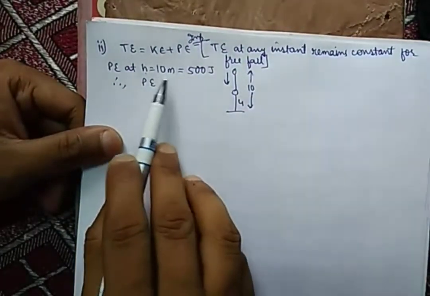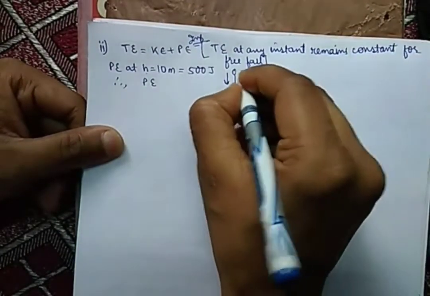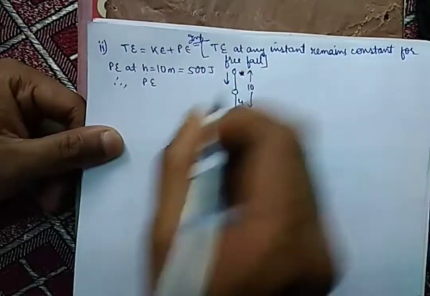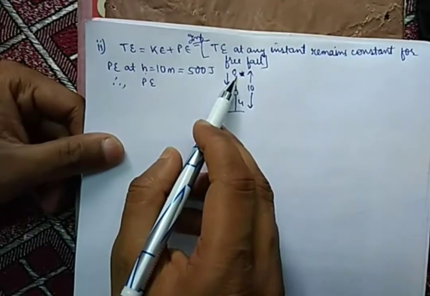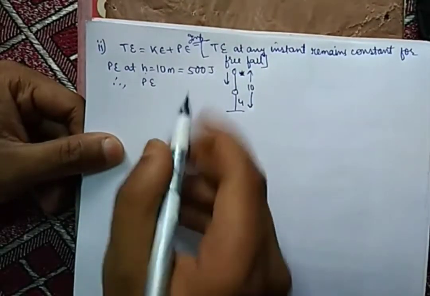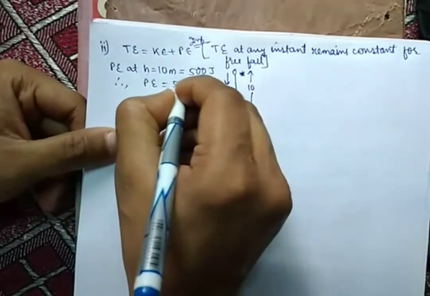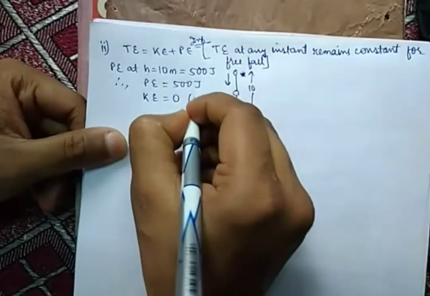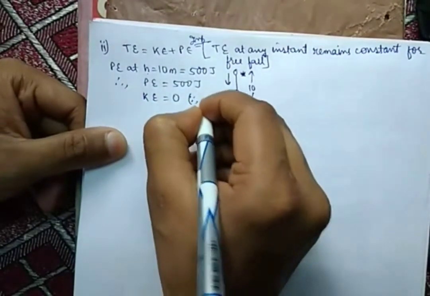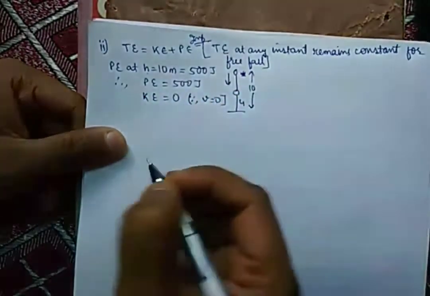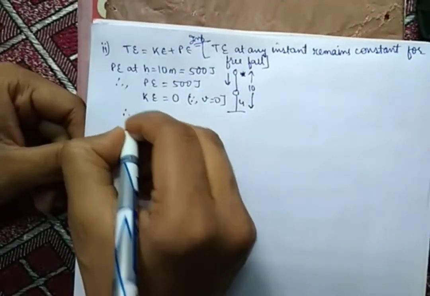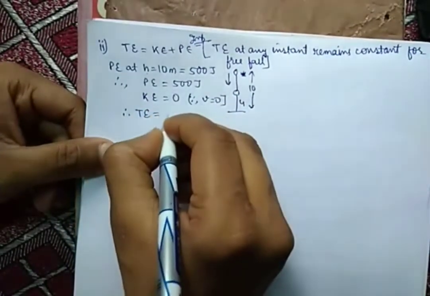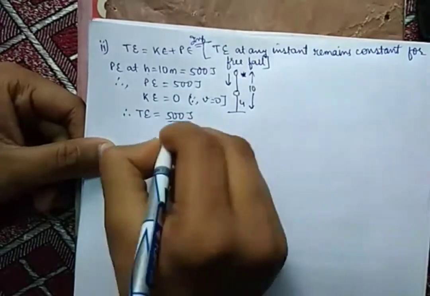Body is falling downward. Okay, so potential energy at this point is 500 joule. Kinetic energy will be 0 since v is equal to 0. Therefore, total energy is equal to 500 joule.